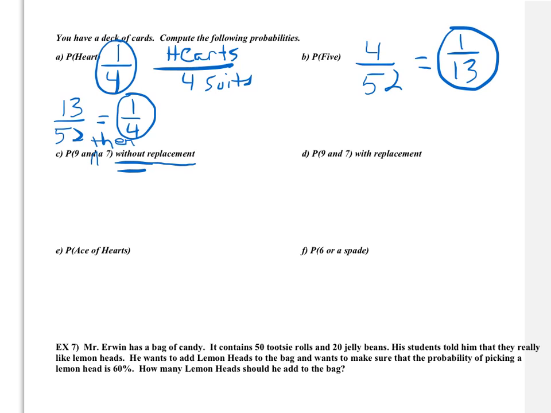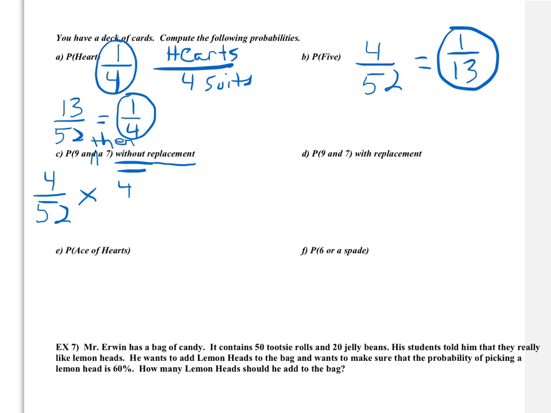How many 9s are there in the deck? There are 4 9s out of a total of 52. Now, what operation do we do with "and then"? Again, you should be saying these things out loud to yourself. You should have said multiplication. And then a 7. How many 7s are there in the deck?